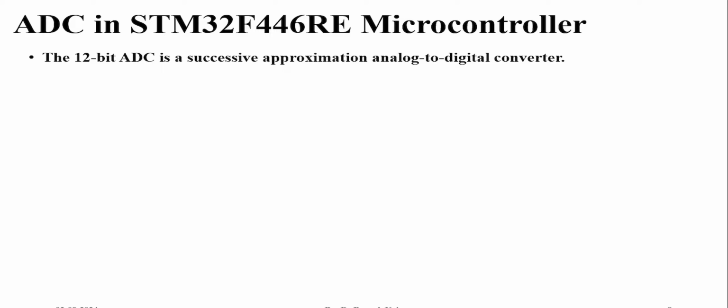Now, the ADC in the STM32F446RE microcontroller. What are the features present in the ADC inside the STM32F446RE microcontroller? It has a 12-bit ADC. It uses the successive approximation technique to convert an analog signal to its equivalent digital signal.